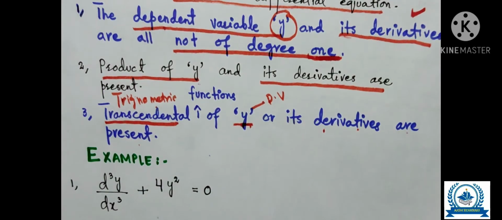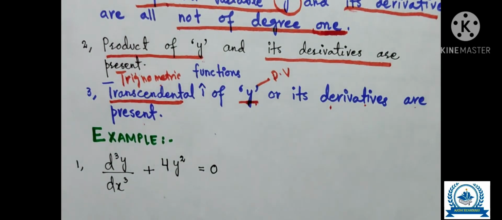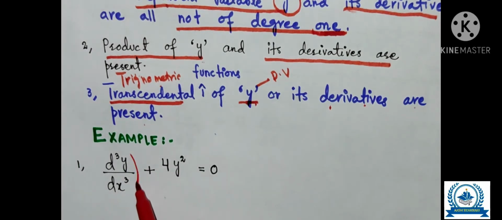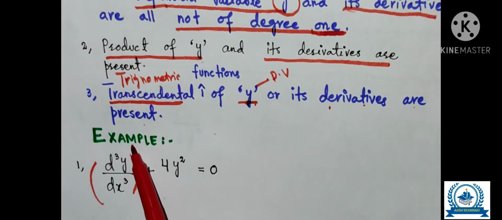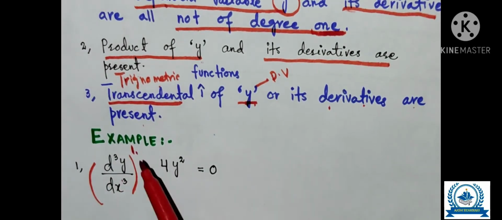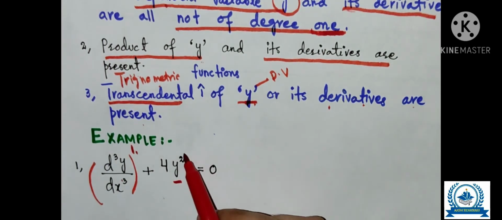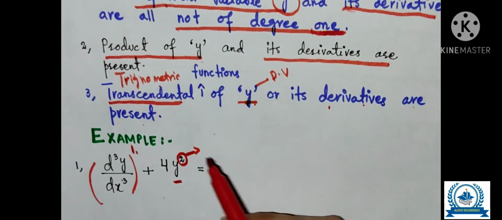Now let's take an example. We have an example here, d3y over dx cube plus 4y square is equal to 0. Here I have an order 3 differential equation, but the degree of the derivative is 1, but the dependent variable y has a power which is more than 1.